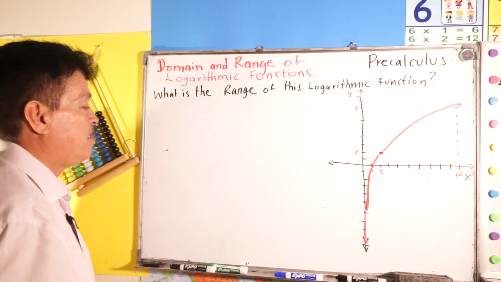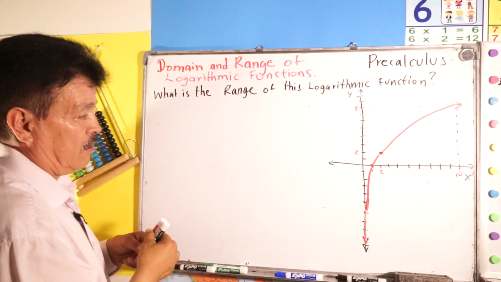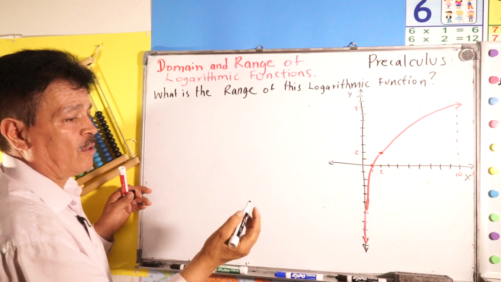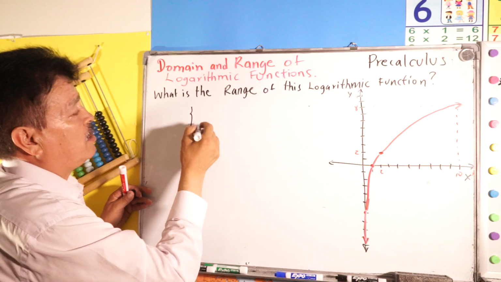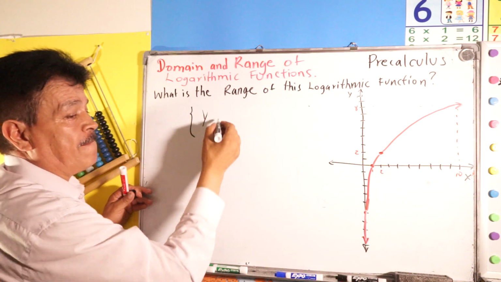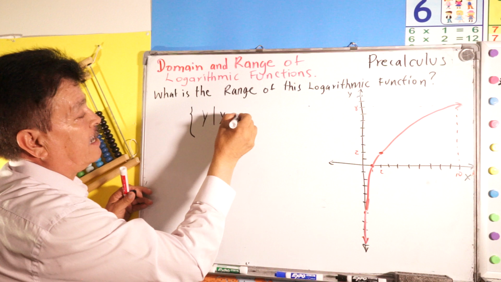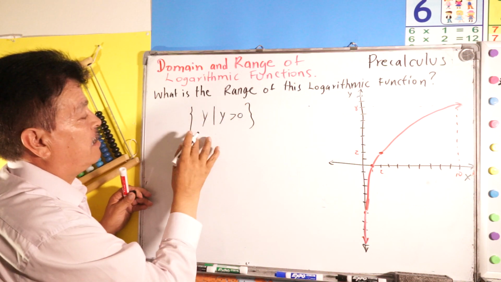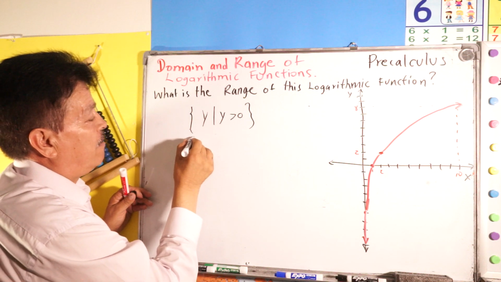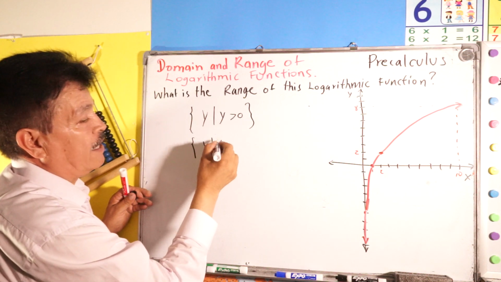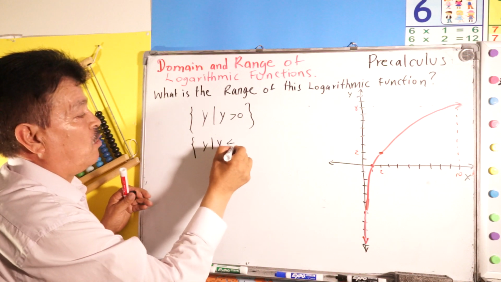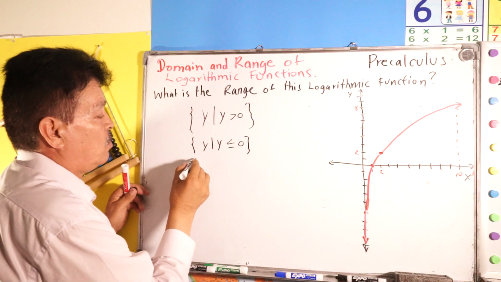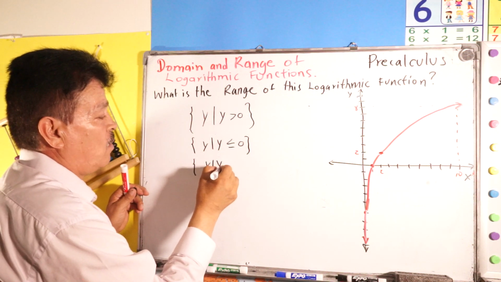We have different possible answers here. One possible answer could be y such that y is greater than 0. The other one is y such that y is less than or equal to 0.